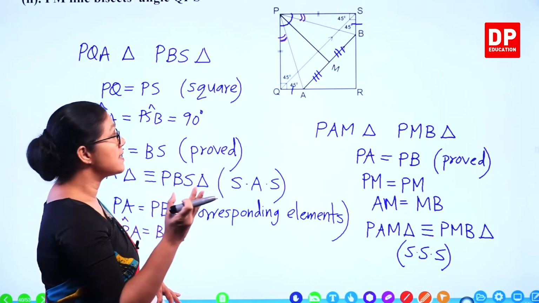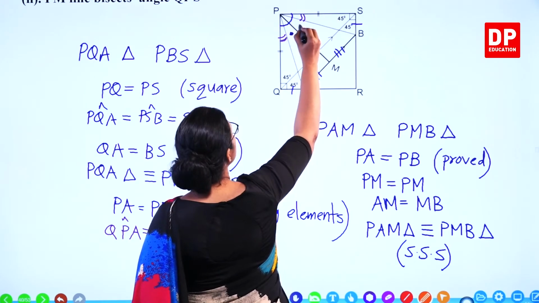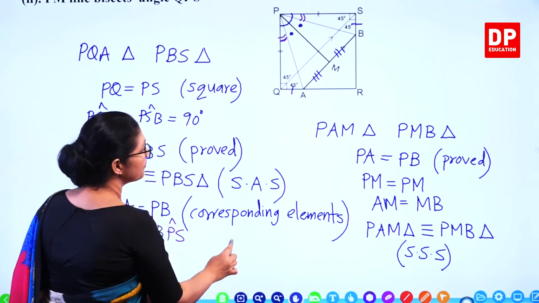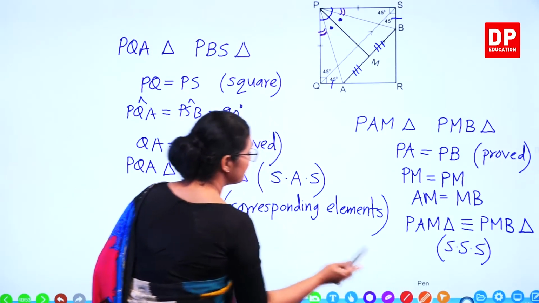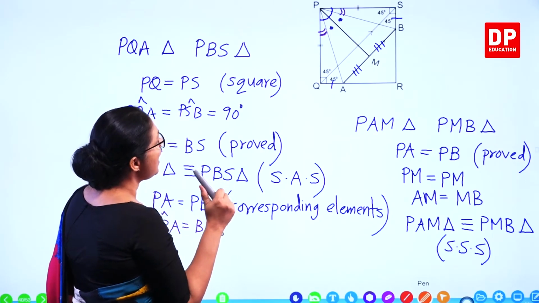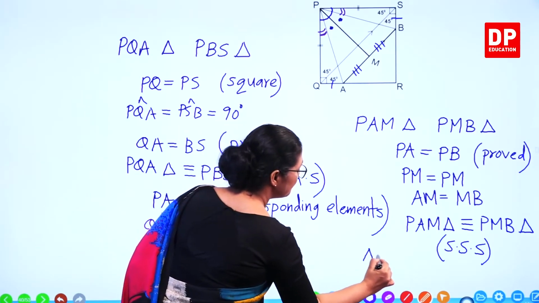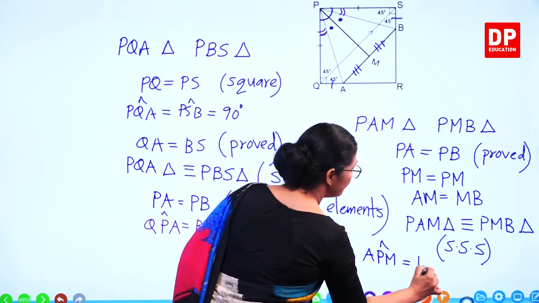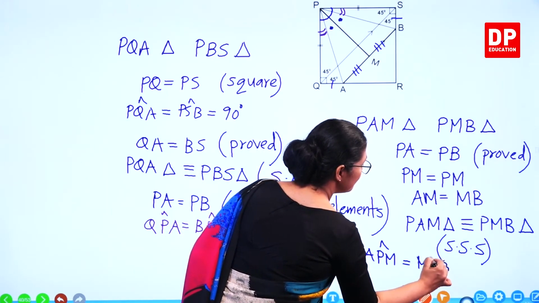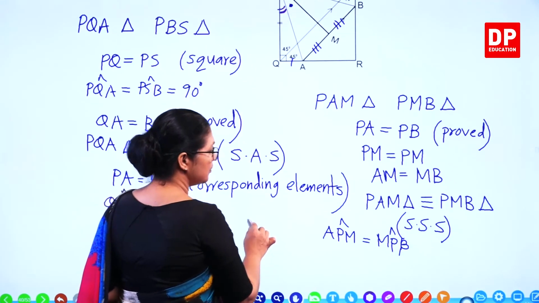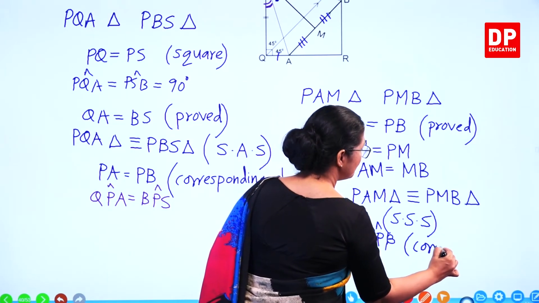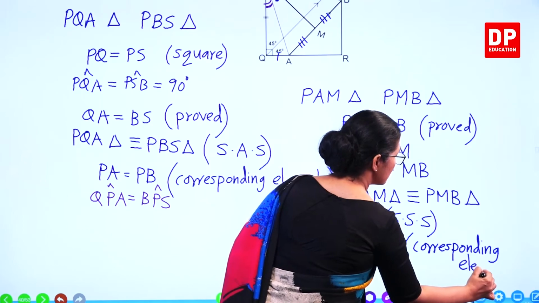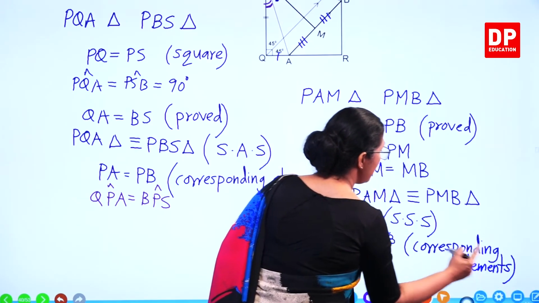Because of that, now you can say this angle is same as this angle. So we'll write down APM angle is equal to MPB. Corresponding elements are equal.